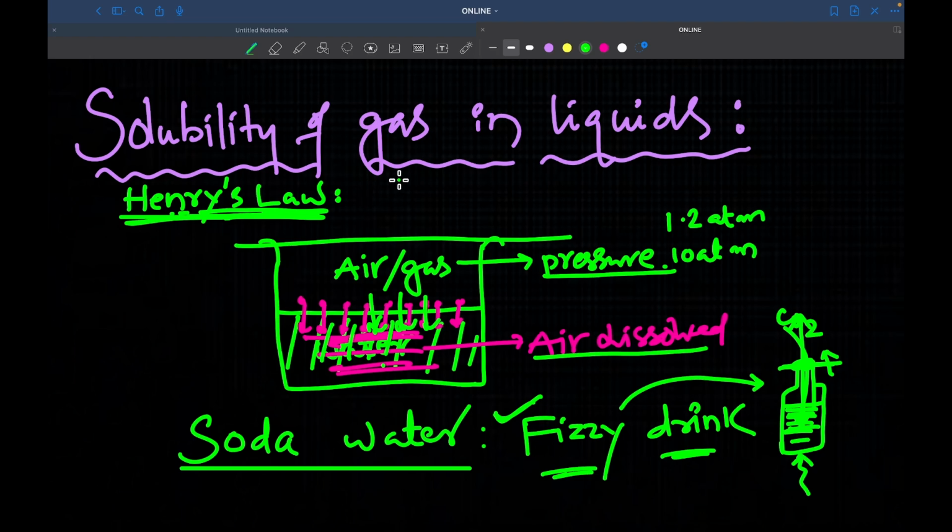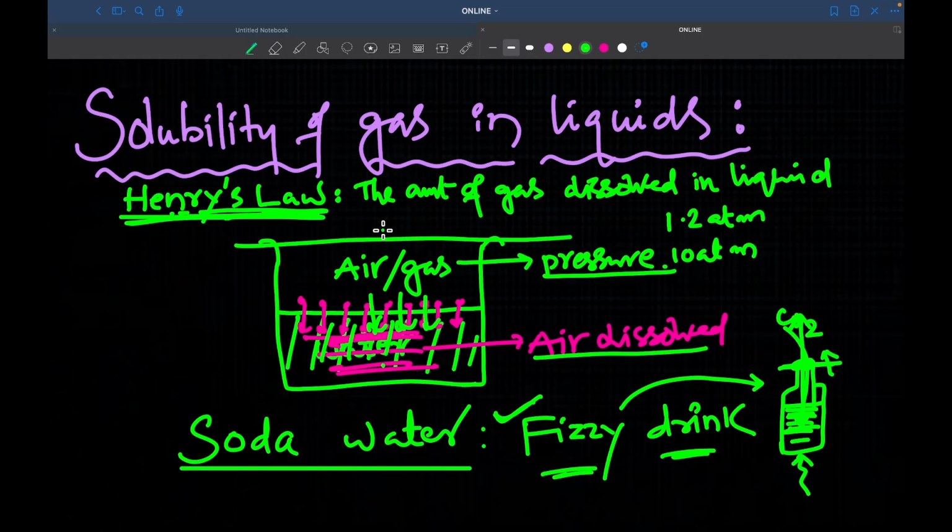I'll write here: the amount of gas dissolved in a liquid is directly proportional to the partial pressure of the gas.